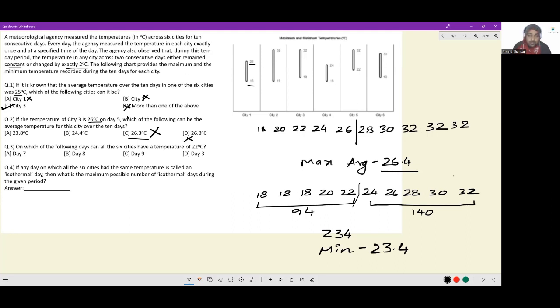But hopefully you realize right now, in this case formulation, we have not taken care of one thing. The one thing being, if the temperature on city 3 is 26 degree on day 5. If I want temperature of city 3 as 26 degree on day 5, here it is not 26 degree. If I need it to be 26 degree, it can only happen this way.